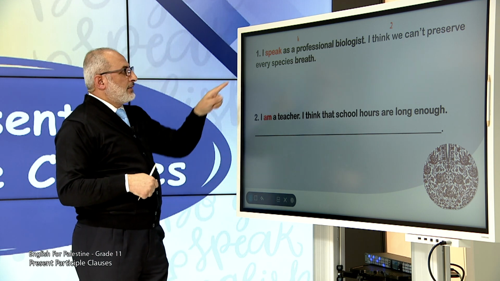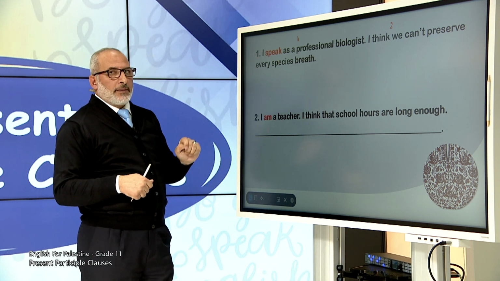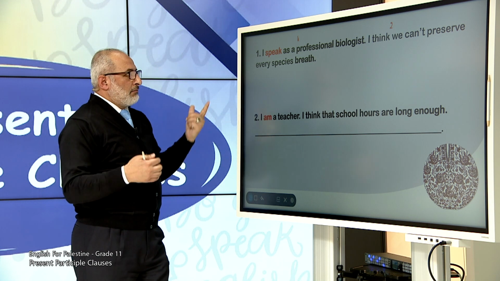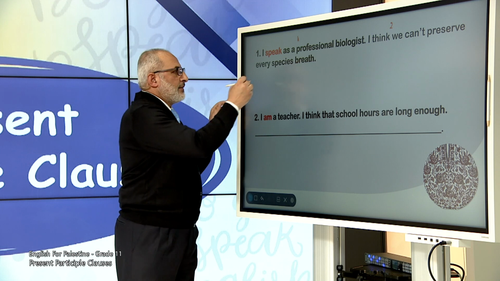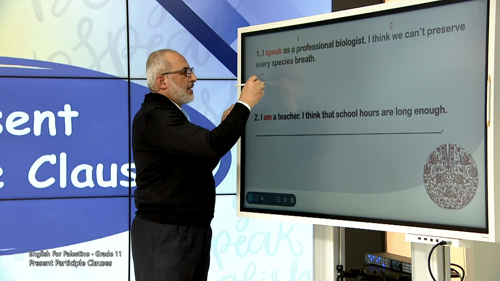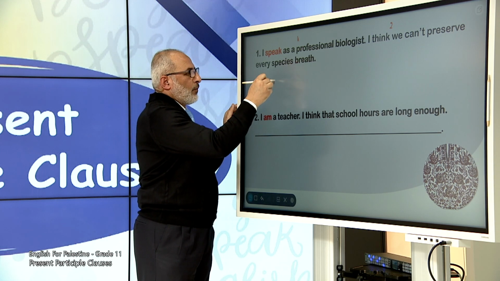All right. Look here, the verb is speak. How can we make it present participle clause? Again, here we have speak. This is the infinitive form.